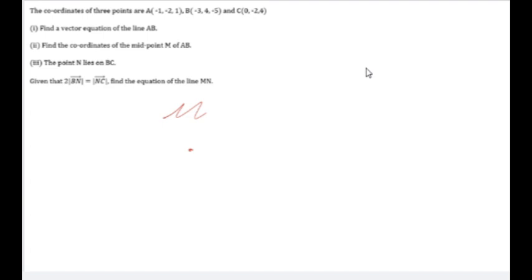If we are given a set of coordinates, suppose that's A and then that's B in space, then if we bring in the origin, this is our set of vector lines which connect points A, B, and the origin.